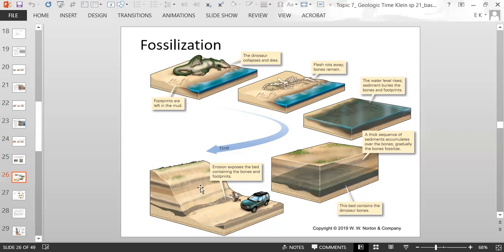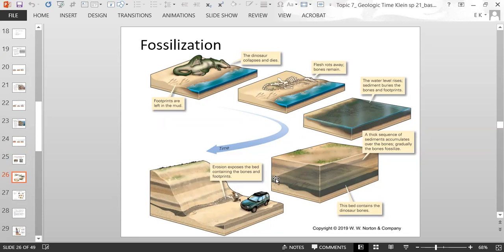And then here, a long time later, some geologist or paleontologist is looking at this rock layer and sees some fossils and a little bit of a footprint impression sticking out here. So you have erosion later on that actually allowed you to see some of those fossils.